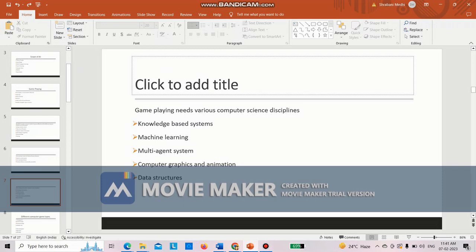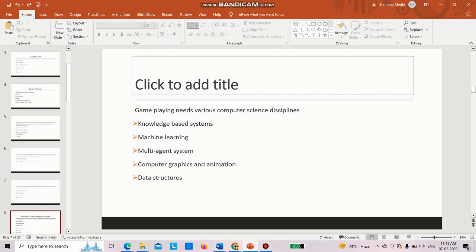Multi-agent, because different players are present in the system, so we will have to go for a multi-agent system. Computer graphics, obviously if we are playing a game, we need very good animation and graphics. Then data structures, because we will be using stacks, queues, trees, etc. And knowledge-based systems, that is, some input will be given, we will process some knowledge and give the output.